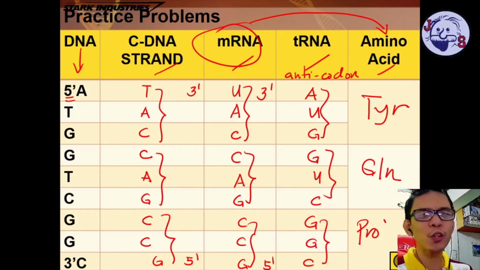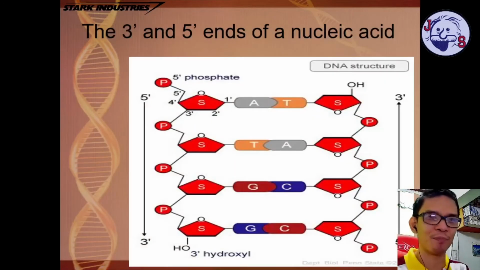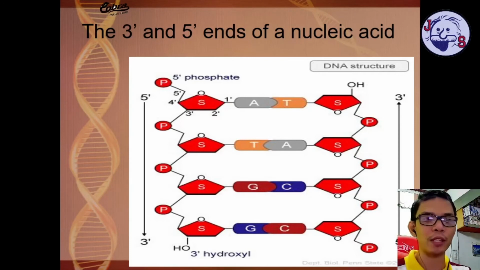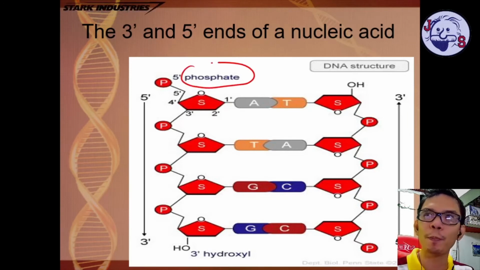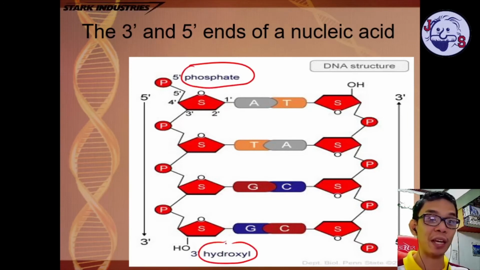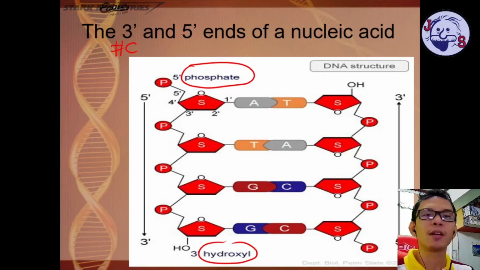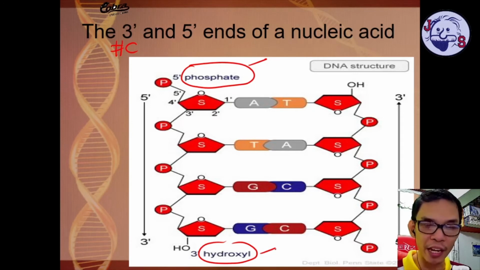Now, what do we mean by 3' and 5'? Before we go to the next set of practice problems, these primes represent the number of the carbon to which the phosphate group and the hydroxyl group of your DNA are attached.